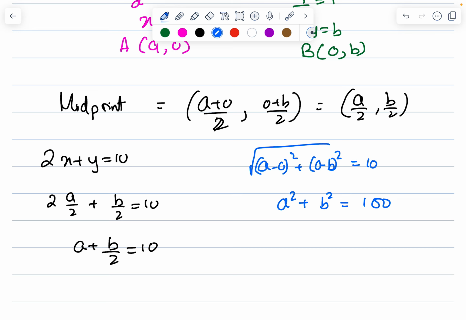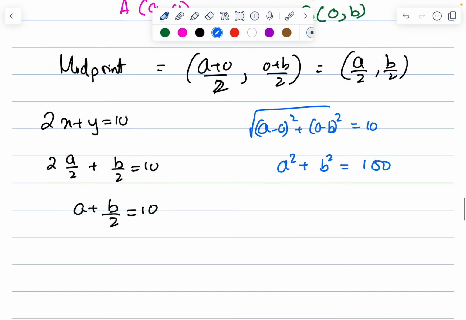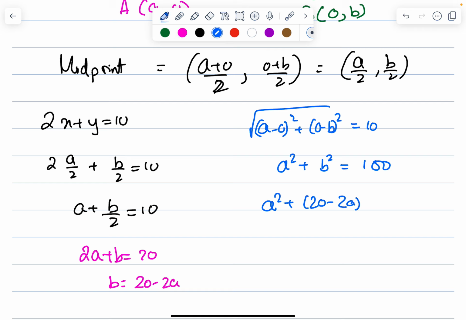So from here I'll try to make it as 2a plus b equals 20. So b equals 20 minus 2a. So I'll plug it in over there. a squared plus (20 minus 2a) whole squared equals 100. So a squared plus 400 minus 80a plus 4a squared equals 100.